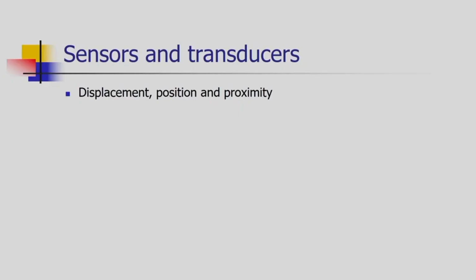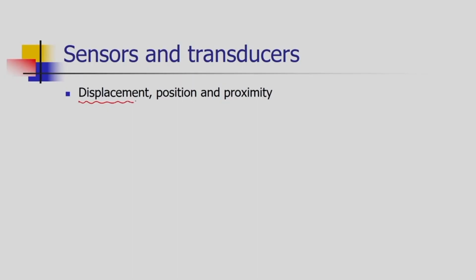We need to monitor the displacement of these linkages or elements. Second is the position. The automated systems are moving inside a shop floor, and we need to track the position of this system inside the shop floor. So, we need to track the position, we need to locate the devices in the specified space. For that purpose we need position sensors.